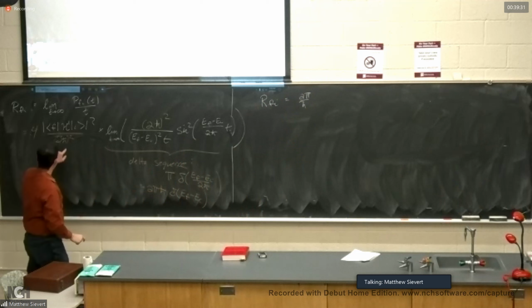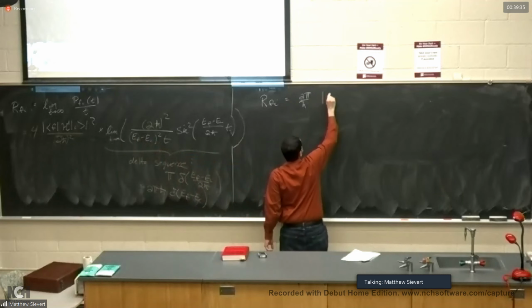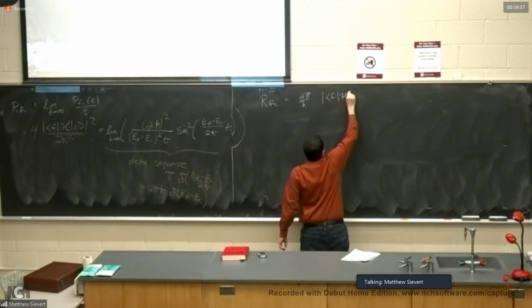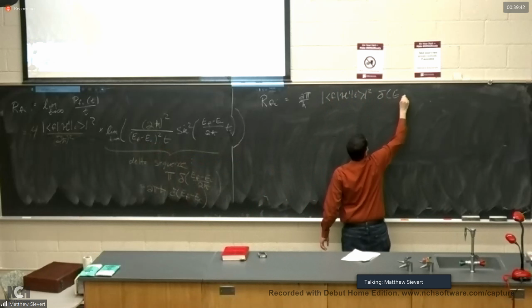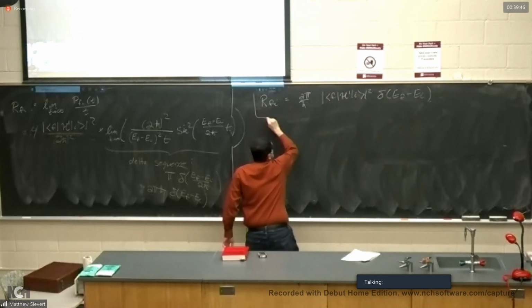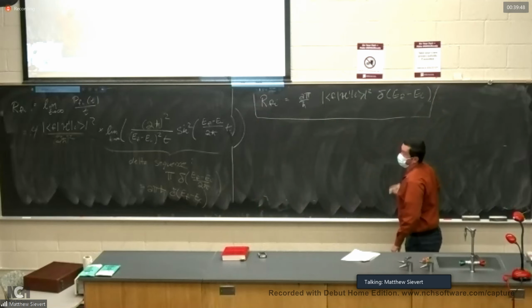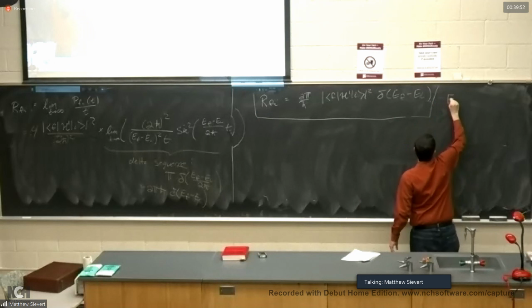That's this 2π and an overall 1 over ℏ from this, matrix element squared, final Hamiltonian initial squared, times energy conserving delta function, E_final minus E_initial. So this transition rate is our first appearance of what's called Fermi's golden rule.